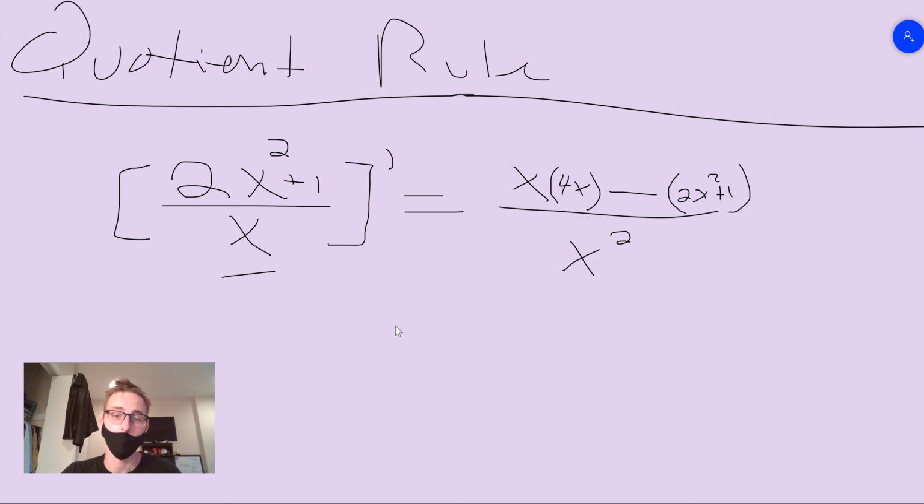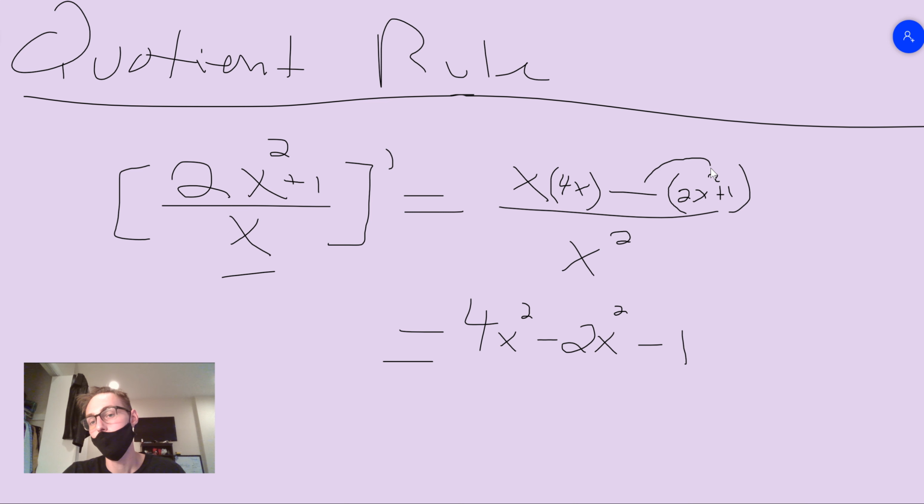That's your equation. You can simplify: 4x squared minus 2x squared minus 1. Distribute the negative sign. Hopefully you've already made it this far. Take that over x squared.